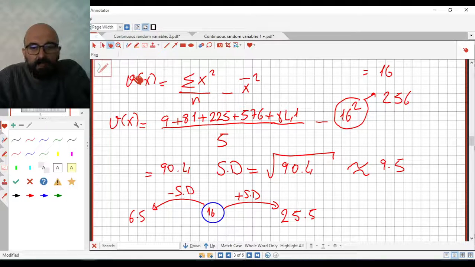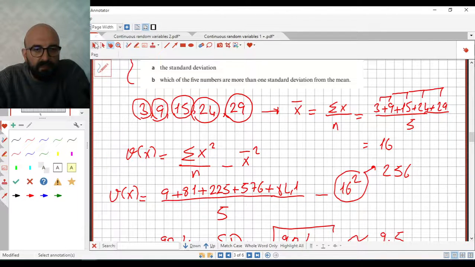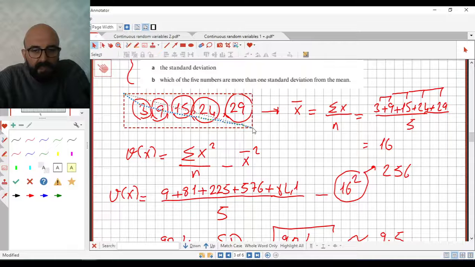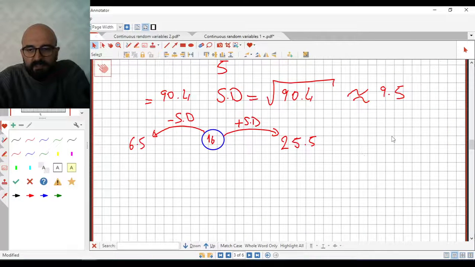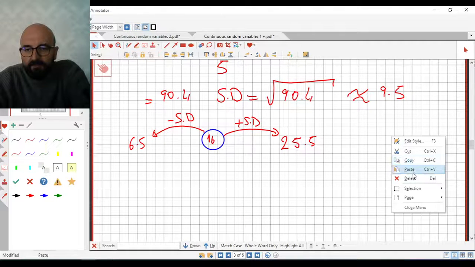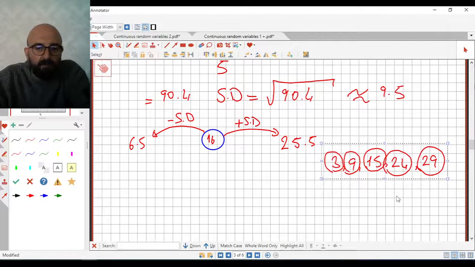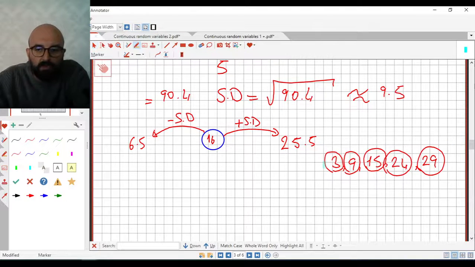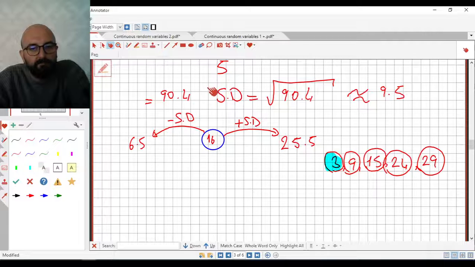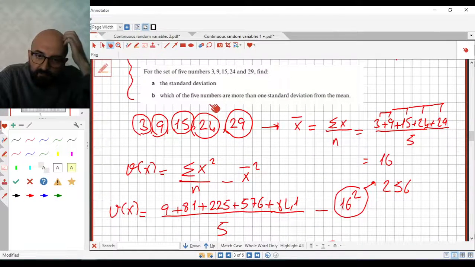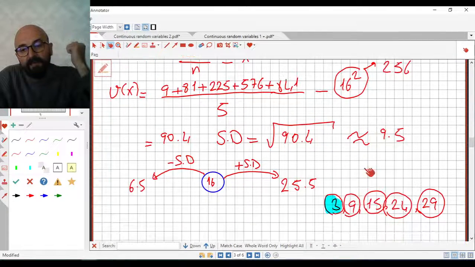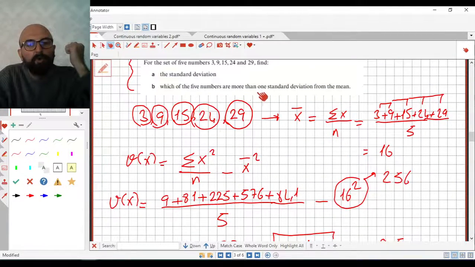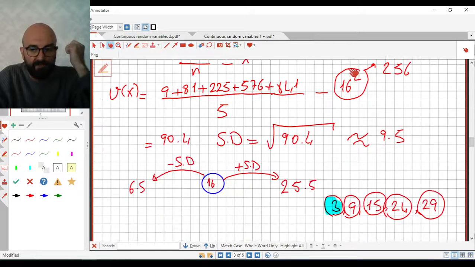Okay, what is our data? This data here, I want to copy and paste. Now it's here. They ask which are more than one standard deviation from the mean.